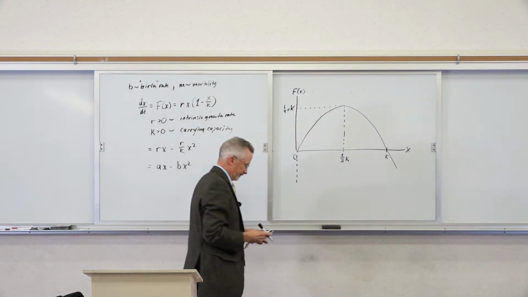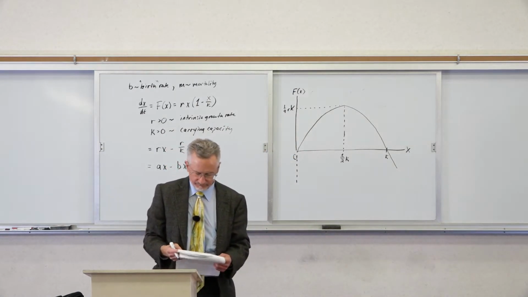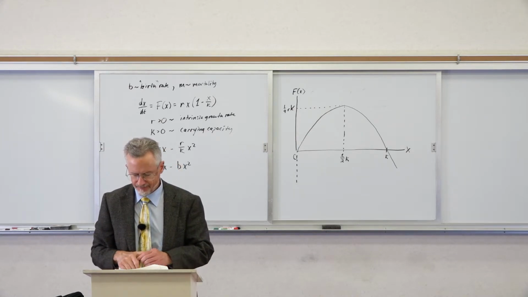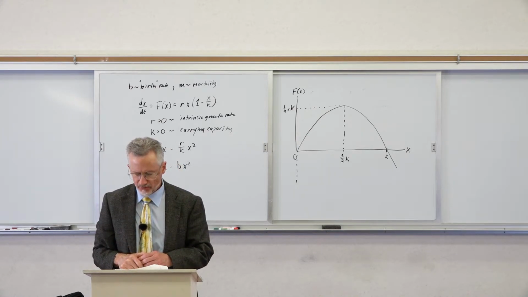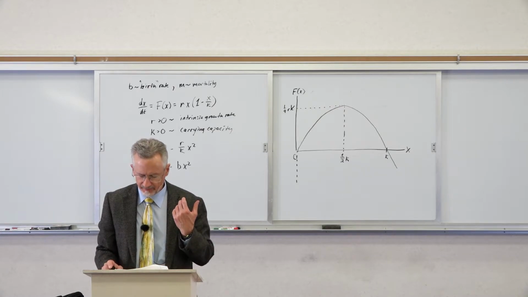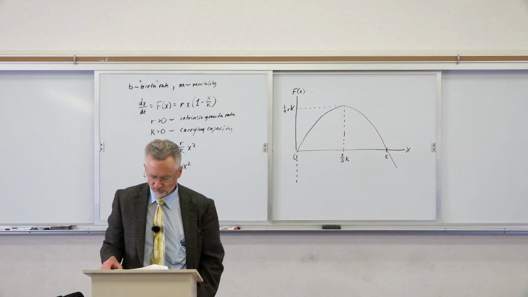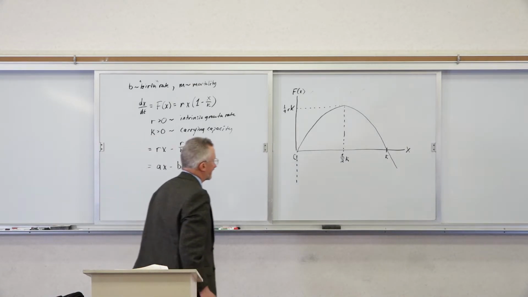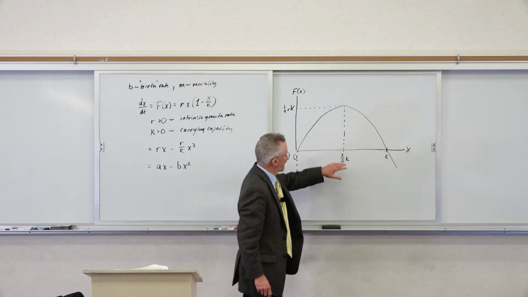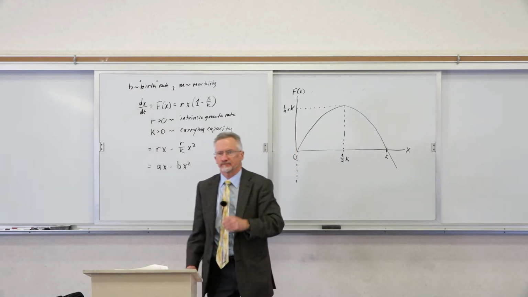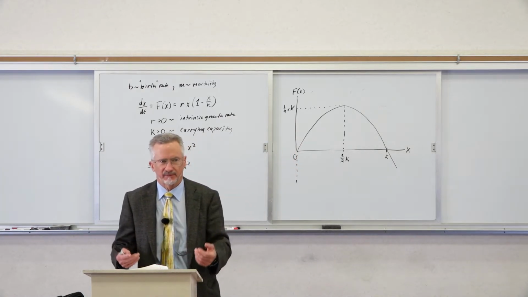Okay, great. So what happens to population in this model if population is lower than k? Simple.